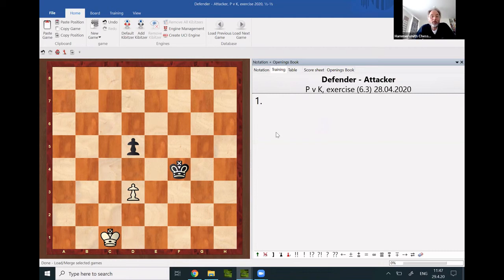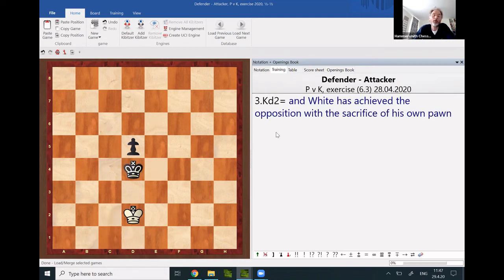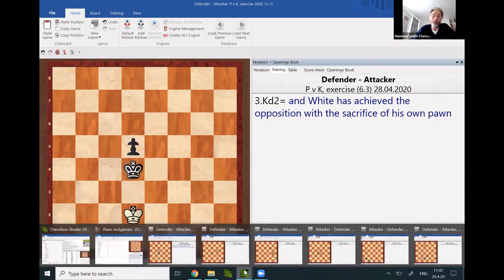The solution is go into opposition, even if that means sacrificing a pawn. That's the only way that you are able to go into opposition. Now it's diagonal opposition, and now it's direct opposition, and whatever black does, this is a clear draw.